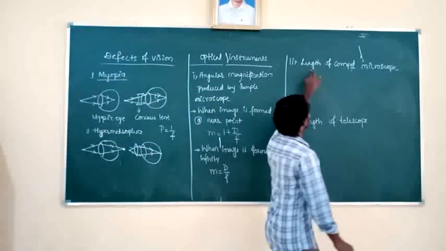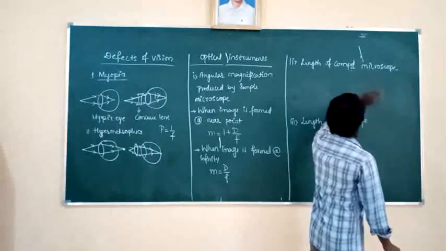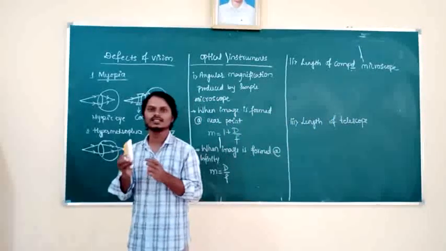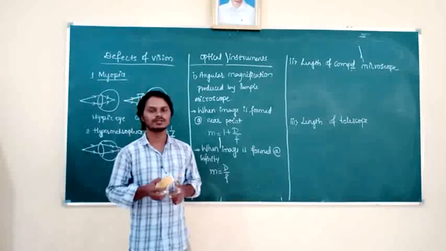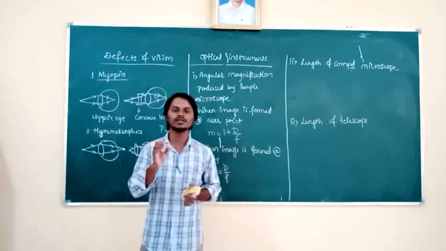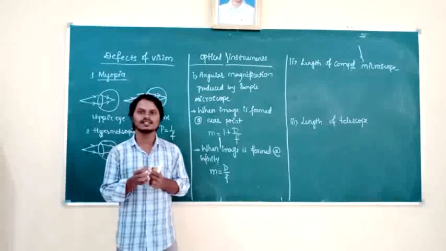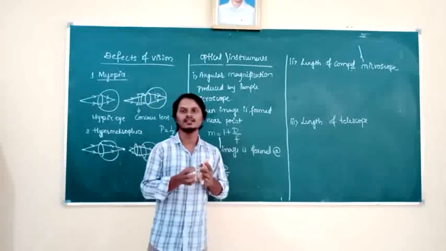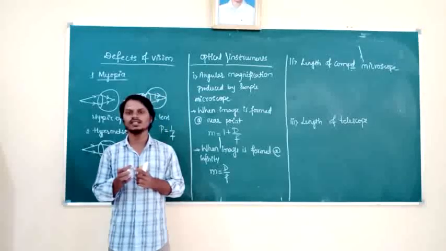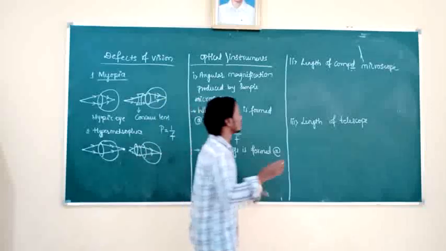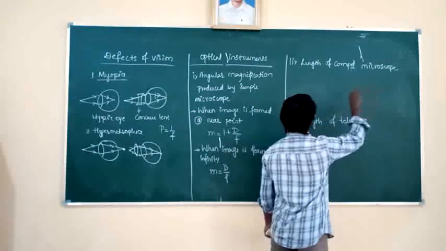Next one, length of the compound microscope. There are some questions related to the length of the compound microscope. A compound microscope has two convex lenses. One lens is called the objective lens, another is called the eyepiece. The objective lens has a short focal length and the eyepiece has a large focal length. What is the length of the compound microscope here?